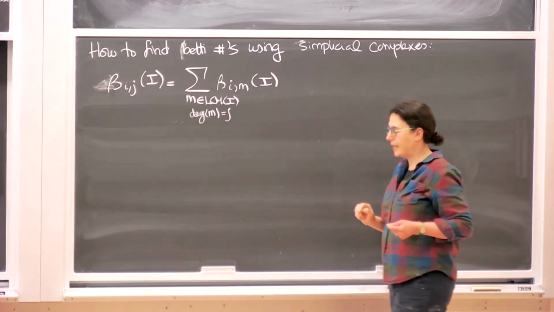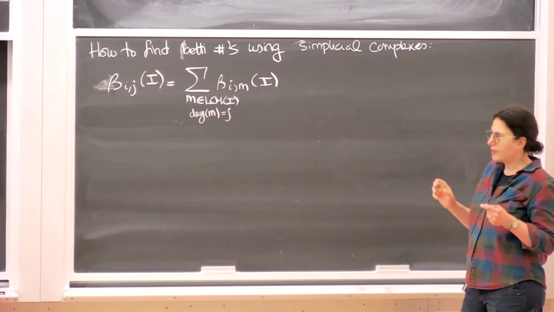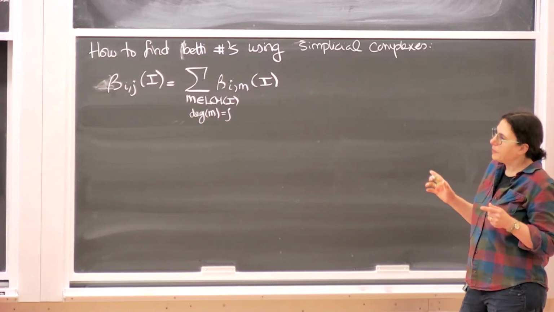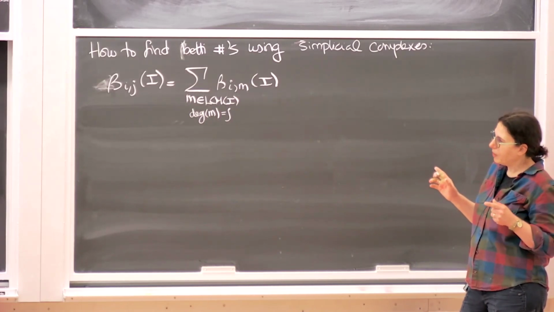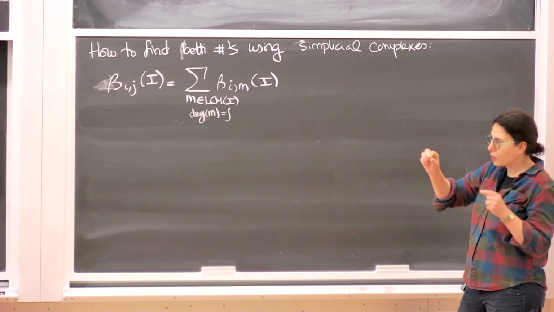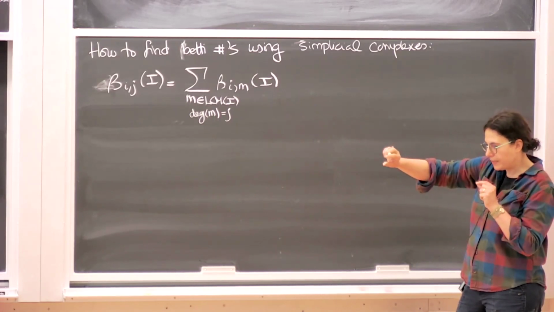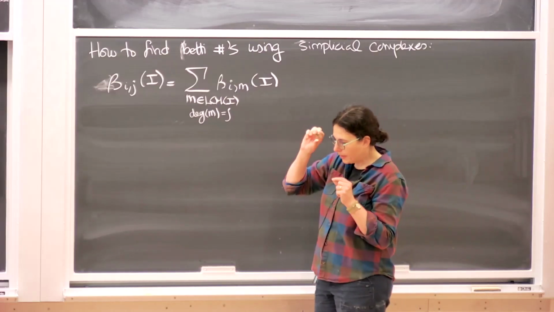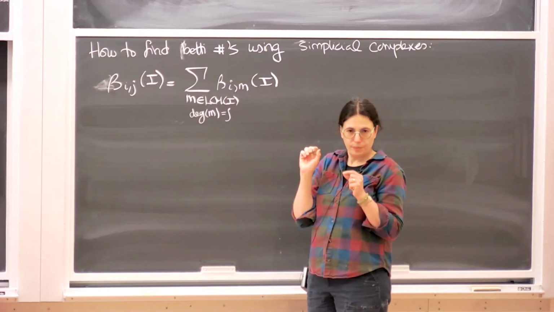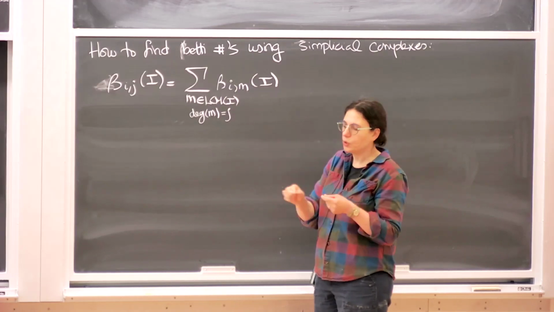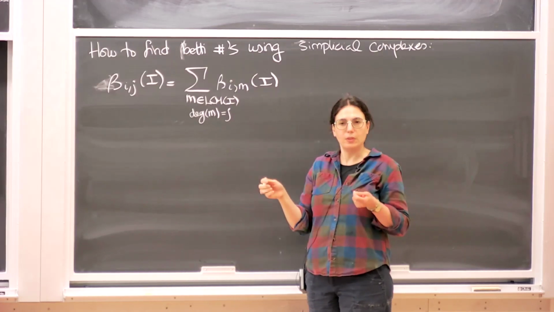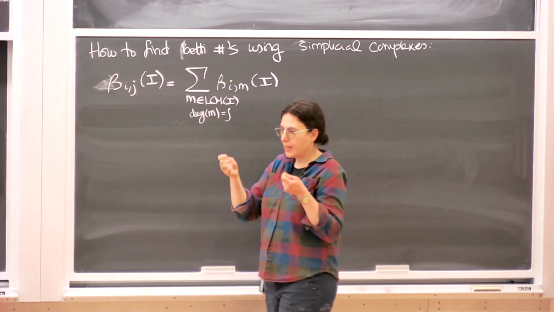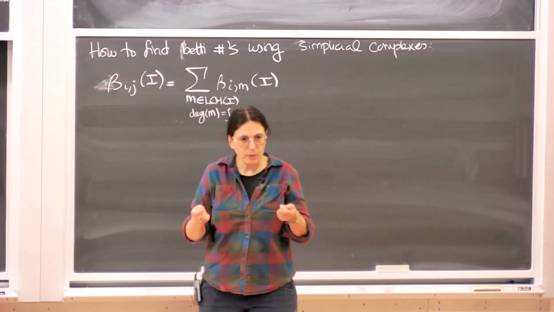I'll translate what is the LCM lattice. It's just a set of monomials. What it means is that when you want to calculate your Betti numbers in every degree, you just look at monomials in those degrees, and then you find Betti numbers on those monomials. So you want degree 2, you find all the degree 2 monomials in your LCM lattice, and then you calculate Betti numbers at those degree 2 monomials.